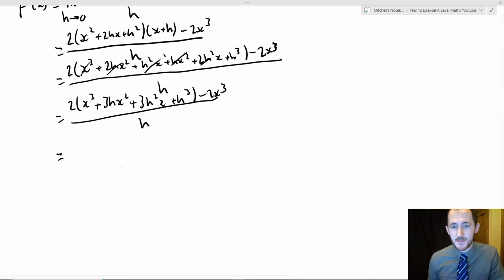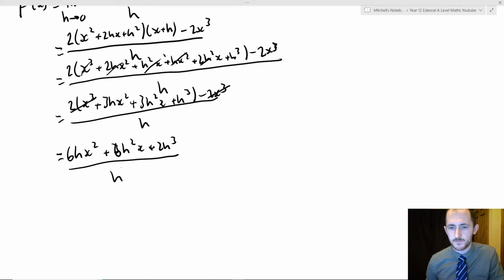Then we can finally expand the brackets, and we can actually cancel out the 2x cubed and the 2x cubed here. So that leaves us with 6hx squared plus 6h squared x plus 2h cubed over h, which we can now cancel an h from everything.